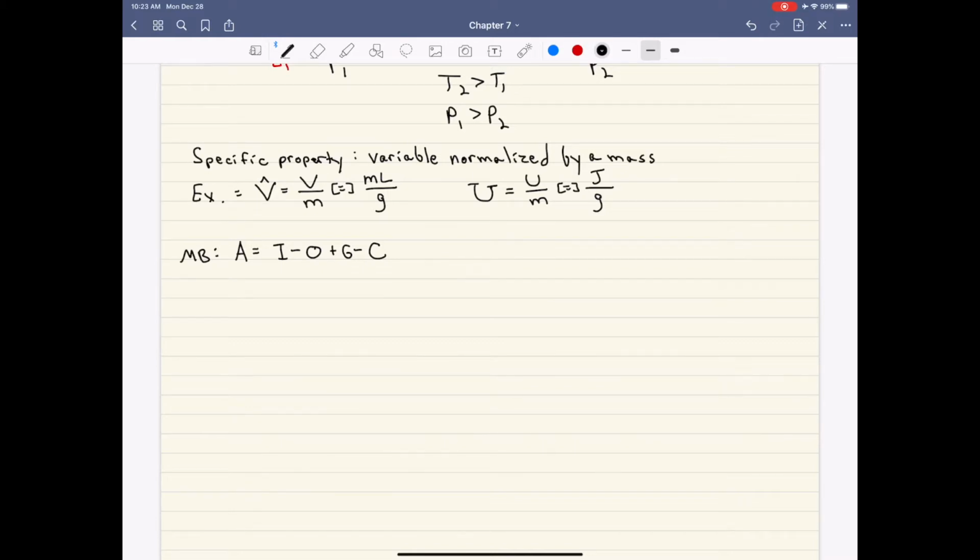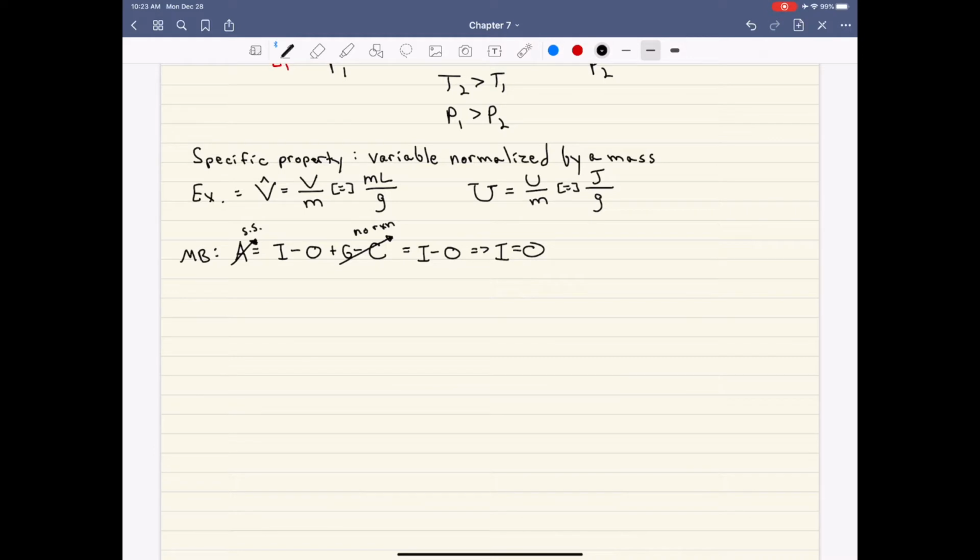So this process is steady state, so I'm going to get rid of the accumulation term. I also know that there's no reaction going on, so I don't need to worry about the generation or consumption term. And so what I'm left with is just input minus output is equal to 0, or otherwise the input is equal to the output.